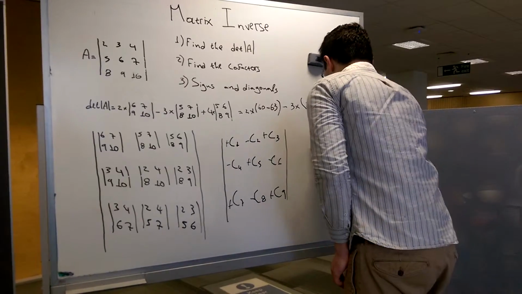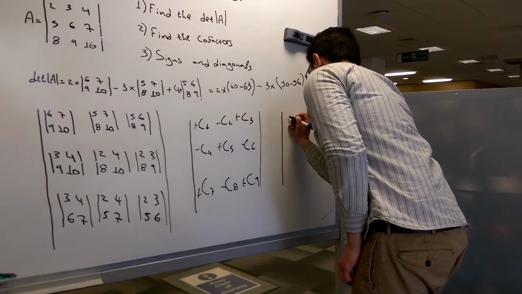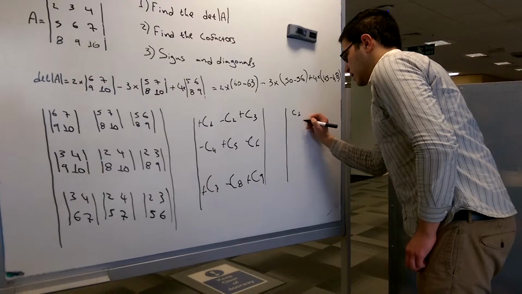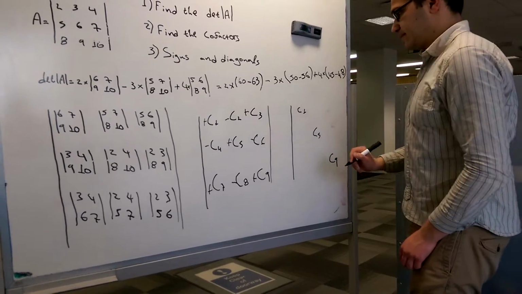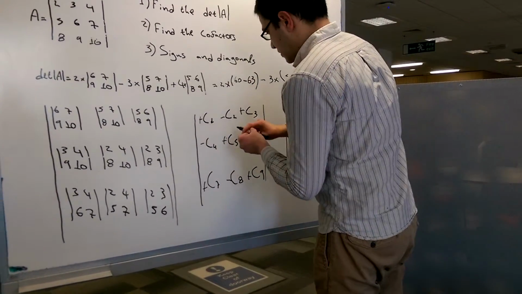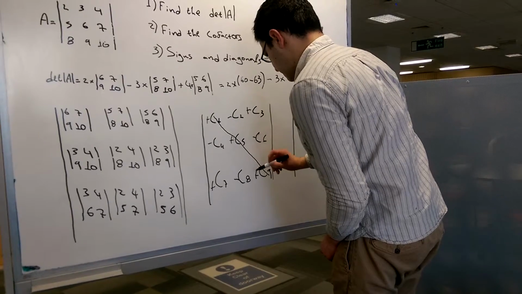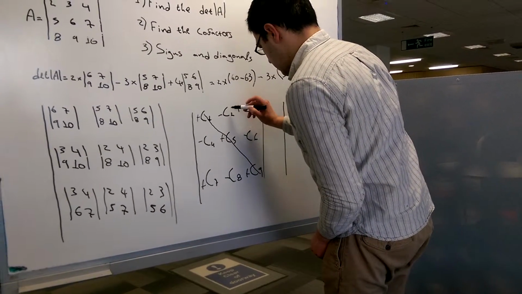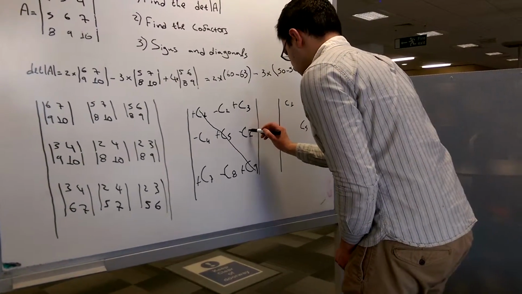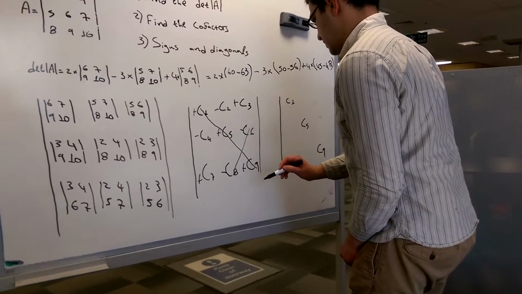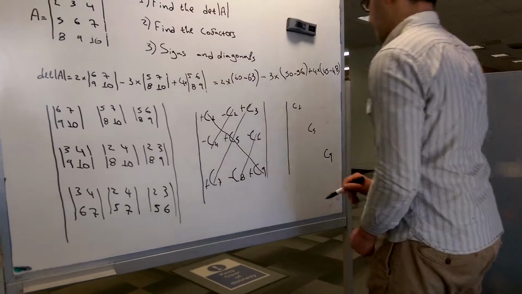So the next step is to keep the C1, C5, and C9 as they are.